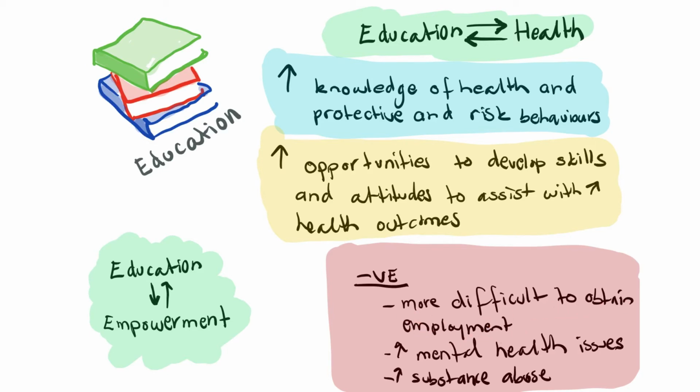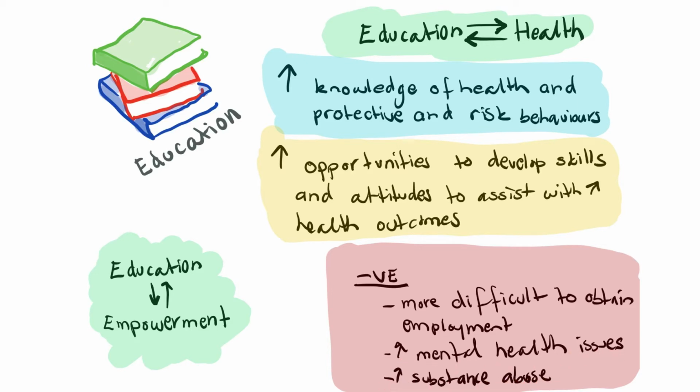So obviously, if there's no form of regular employment, there's no form of income, which provides money for healthcare services and facilities. Now, with a decrease in education, there's also increased data around the fact that people with lower levels of education have increased mental health issues and increased substance abuse issues.